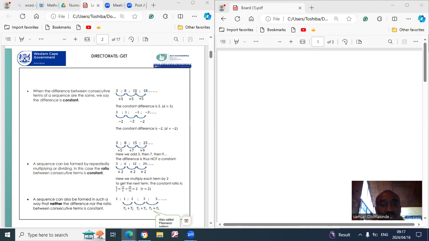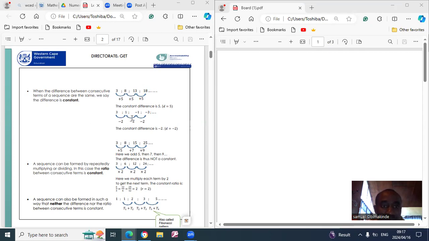The difference between the third term and the second term will be 13 minus 8. That will give us plus 5. And the difference between the fourth term and the third term would be 18 minus 13. That will give us 5. So you can see that the difference between any consecutive terms here is a constant.